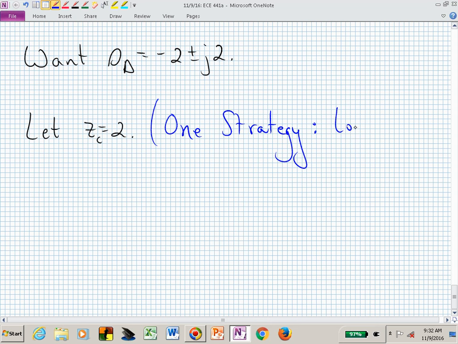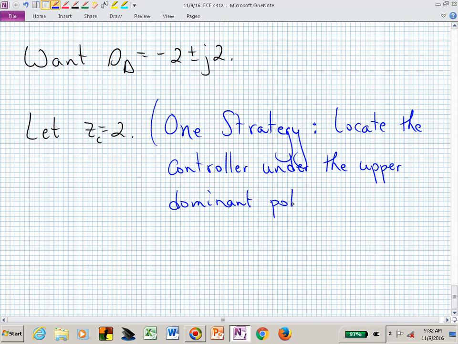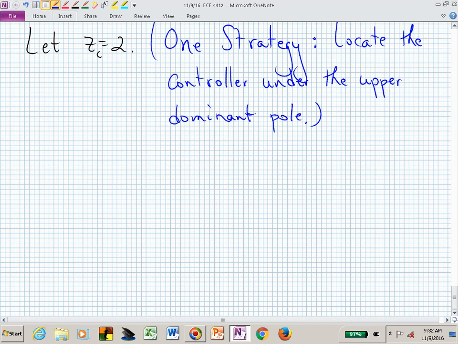This is to locate the controller zero under the dominant pole. Our pole was at minus 2 plus and minus J2. That's where we want our closed loop pole. So the strategy is, why don't we put our controller zero right underneath that to have a real value of minus 2.